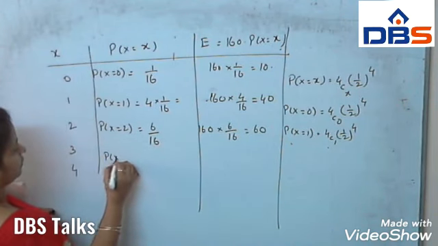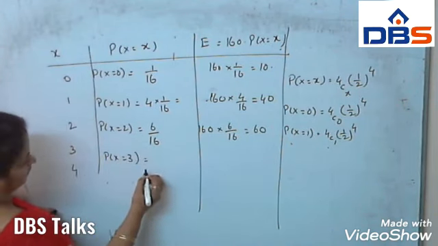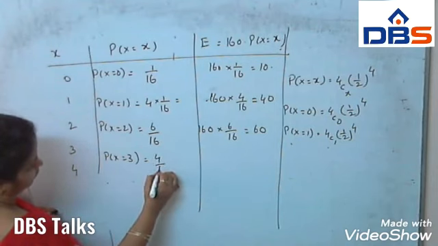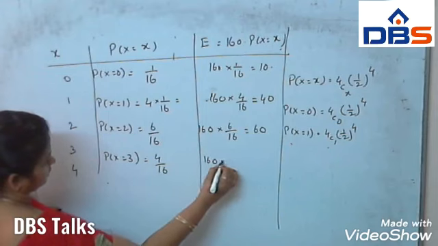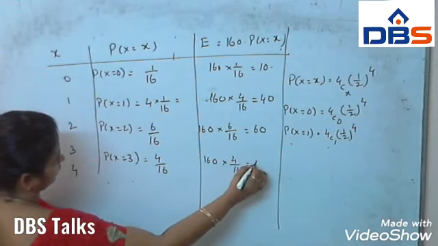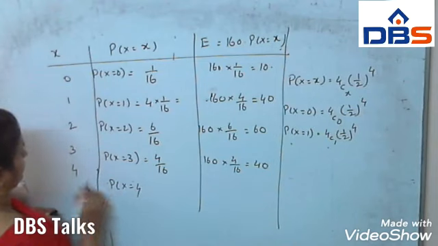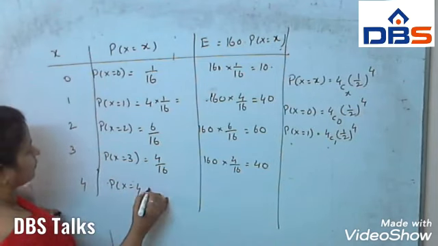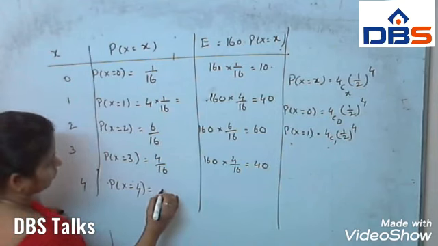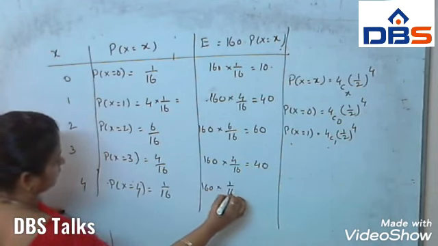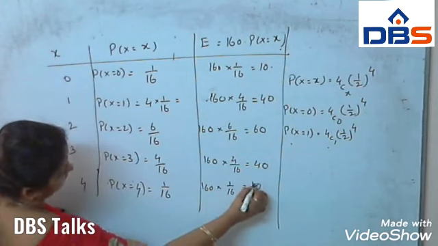P of x equal to 3: 4c3, 4 by 16. 160 into 4 by 16 is 40. X equal to 4: 4c4, 1 into 1 by 16. 160 into 1 by 16 is equal to 10.